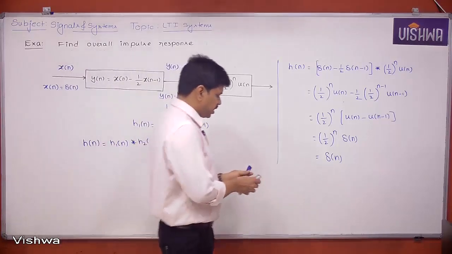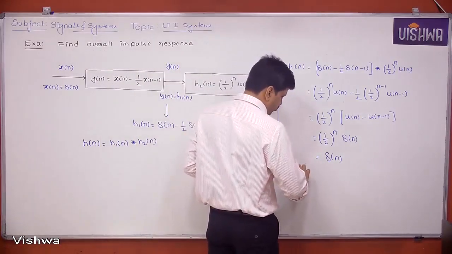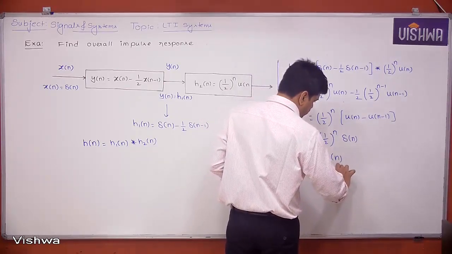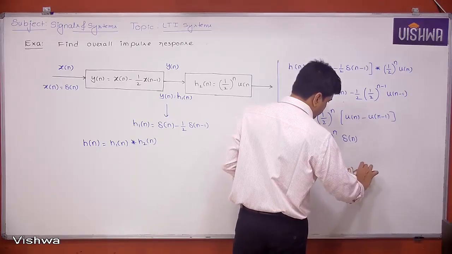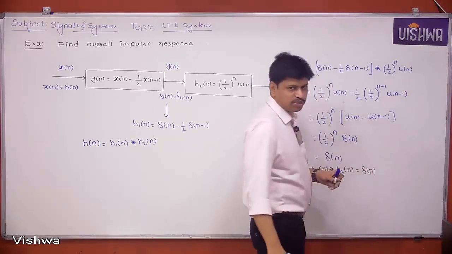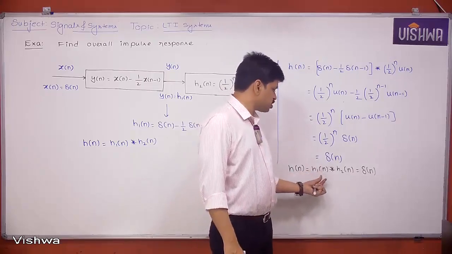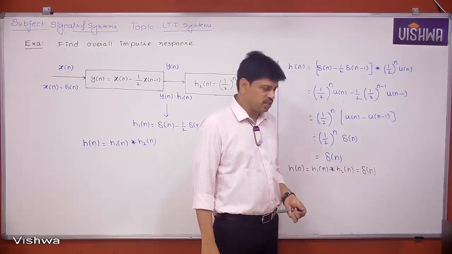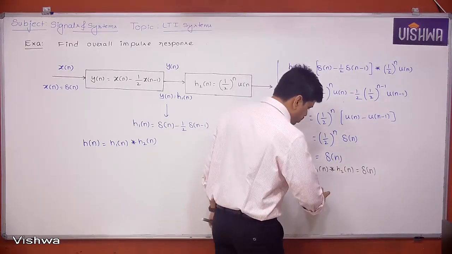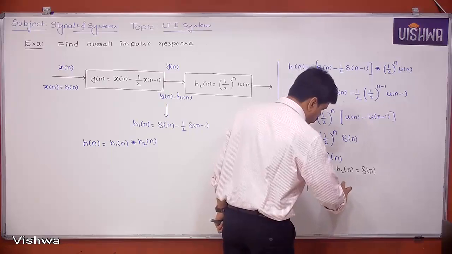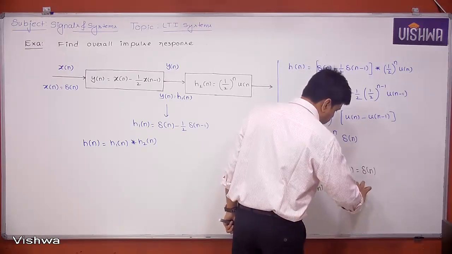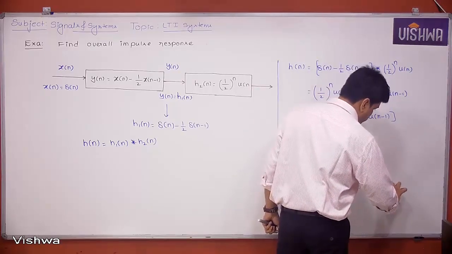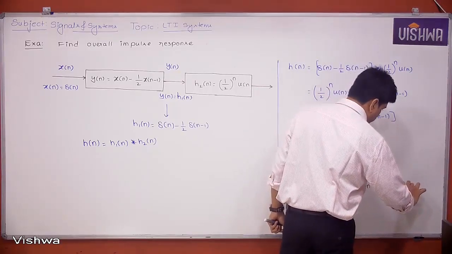So from this I can conclude that h of n is equal to h1 of n convolution with h2 of n is equal to delta n. I told you, an invertible system having an impulse response and an inverse system having an impulse response, if you convolve them, you are going to get delta n. So I can simply say h1 of n and h2 of n are inverse systems with each other.